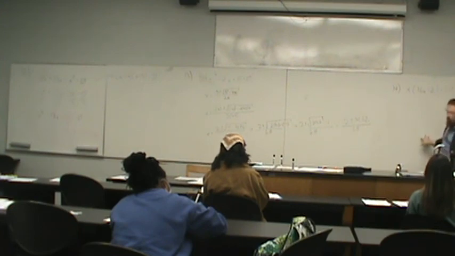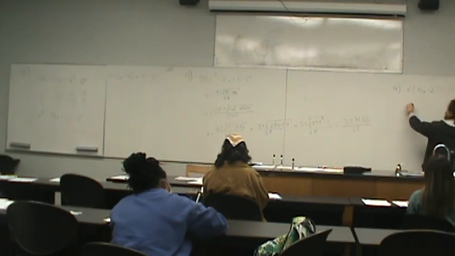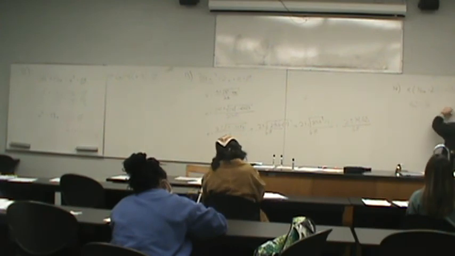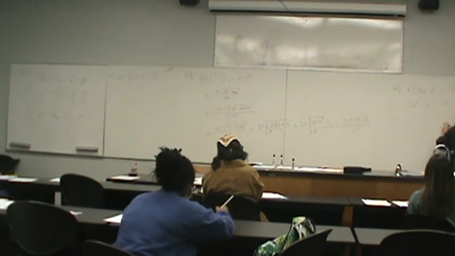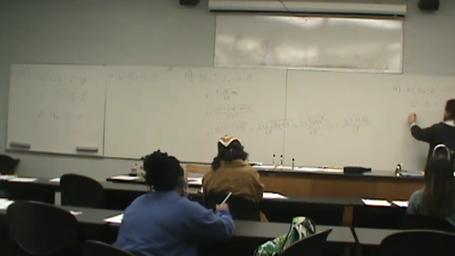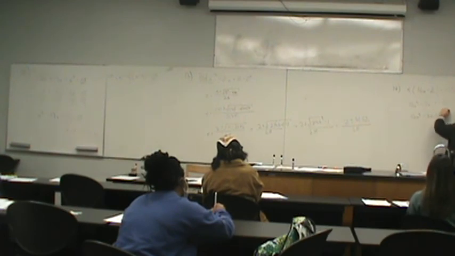So we do have to FOIL it and turn it into an ax squared plus bx plus c type question. So distribute the x's in, 16x squared minus 2x equals negative 15. To get it into the correct form, 16x squared minus 2x plus 15 equals 0.